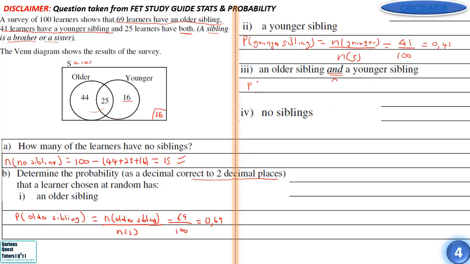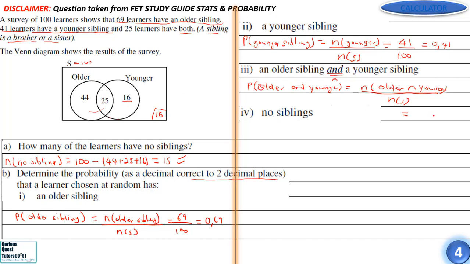So the probability that someone has an older and younger sibling must be the number of older and, if you like, younger divided by the sample space, which is going to be given by the number in the intersection.